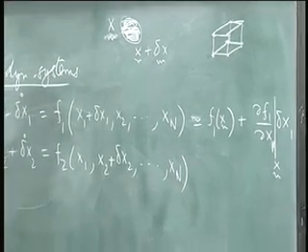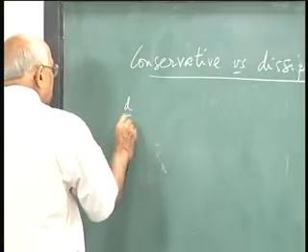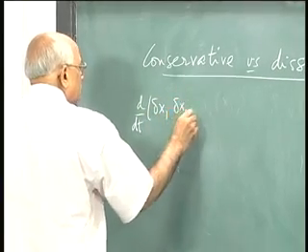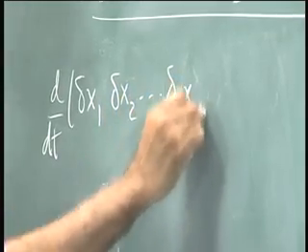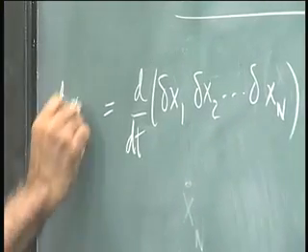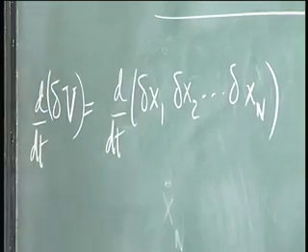Therefore I could ask, what is d over dt of the product delta x1, delta x2, ..., delta xn? That is nothing but d over dt of delta v, the volume element in phase space. That is just a product of all these delta x's, and I ask, what is the rate of change of that?